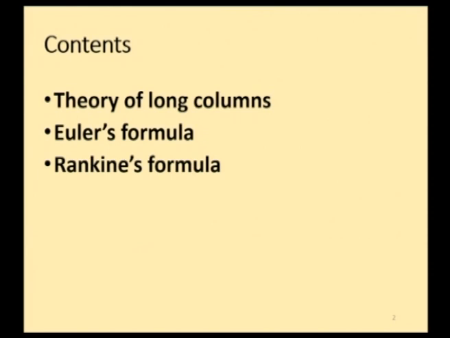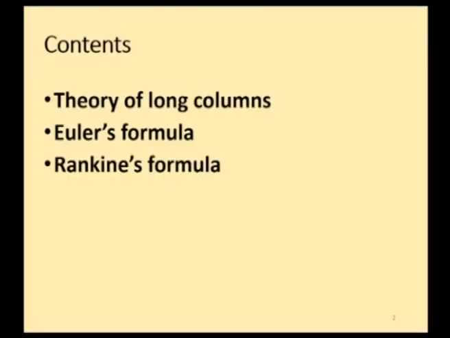We have already derived the effective length of columns or the critical load carried by long columns for 3 end conditions. We have 4 end conditions: both ends hinged, both ends fixed, one end fixed and other end free, and one end fixed and other end hinged.